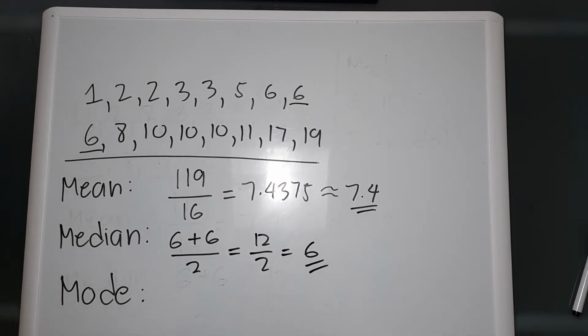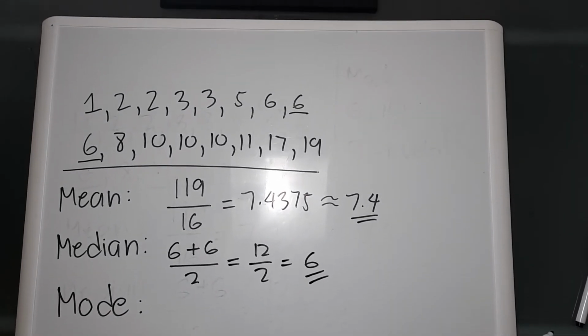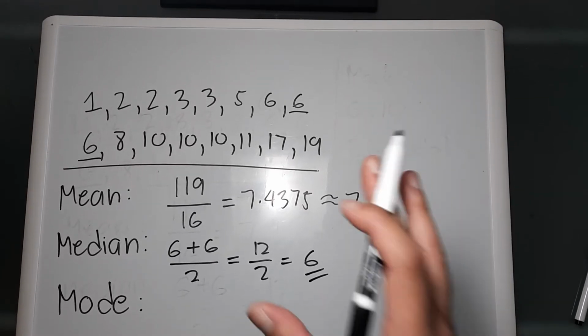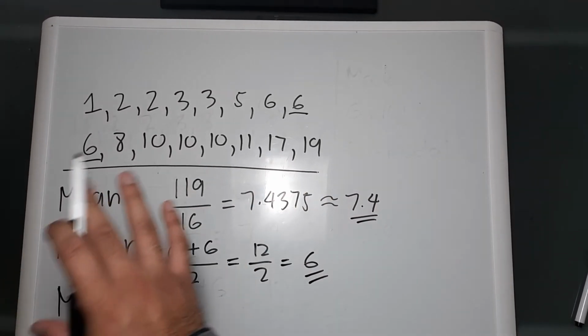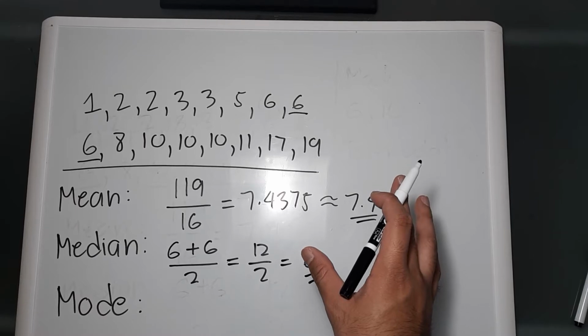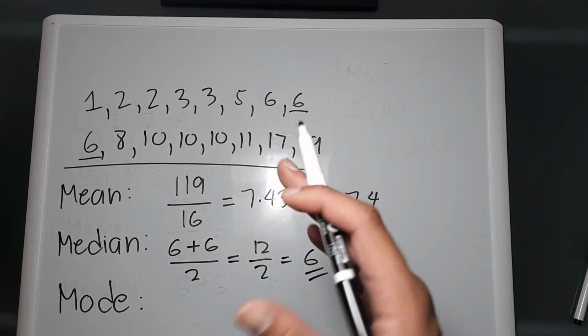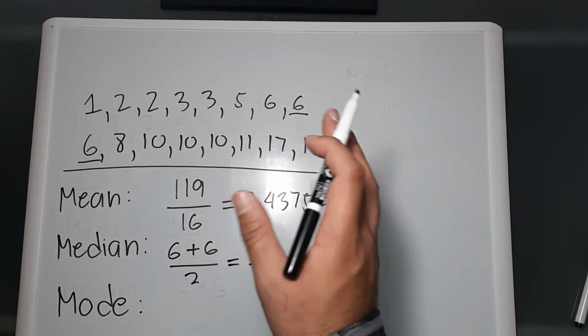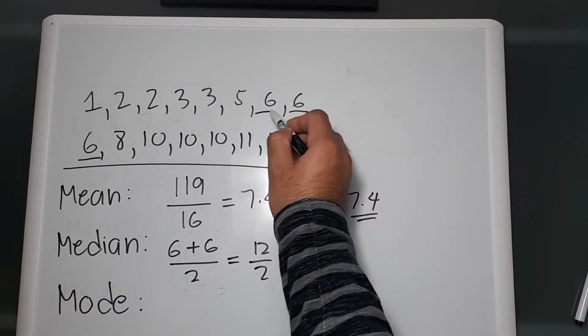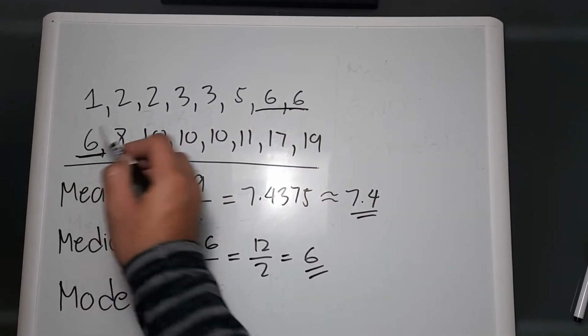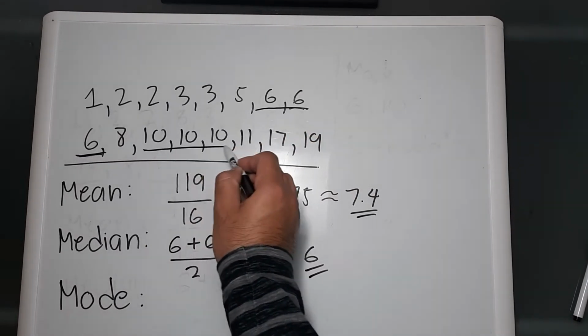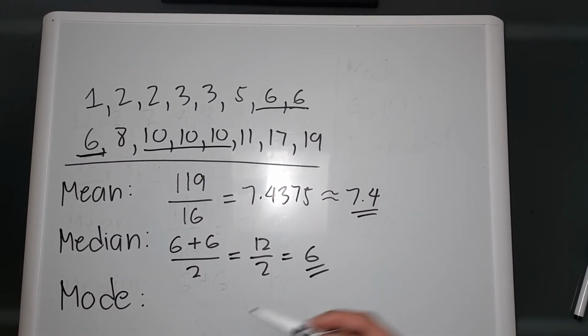This is our median. And to solve for the mode, we just need to scan through our data set and find the values that occurred the most. In this set, the numbers that occurred the most are 6, because there are 3 sixes, and 10, because there are 3 of them too.